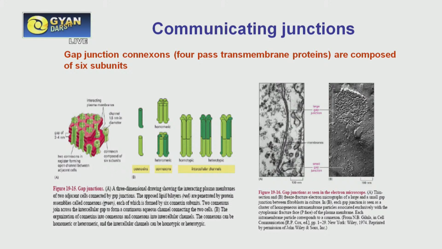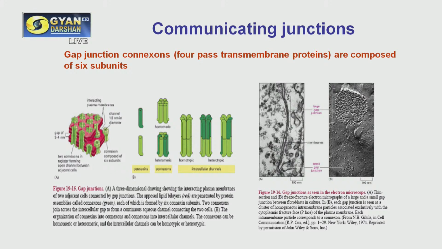And this protein is composed of 6 subunits. Each of these subunits is called connexin. So the connexon is the total protein, and it is composed of 6 subunits. Each subunit is termed connexin.